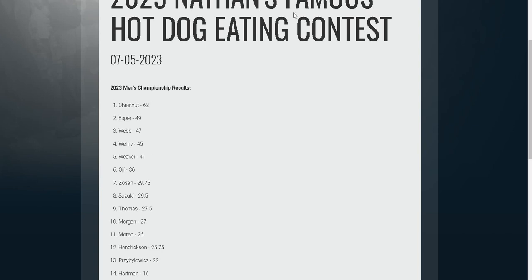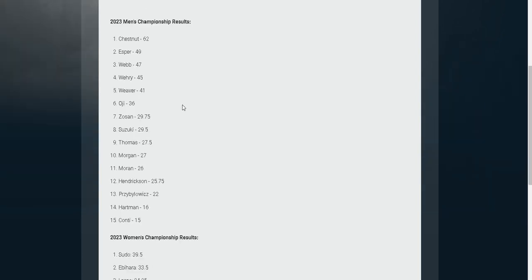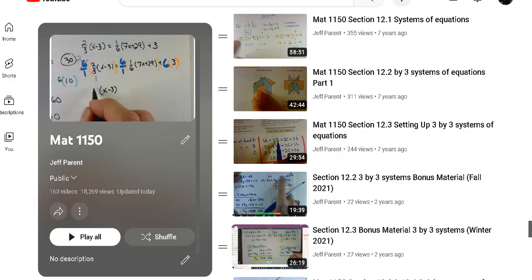Like number 7 has 29.75 hot dogs eaten. Yeah, that's kind of an interesting observation. 33.5. Yeah, I actually saw it on TV one time. I just caught the end and no thanks. I mean, they actually dip their hot dog buns in water so that they can chuck them down faster.